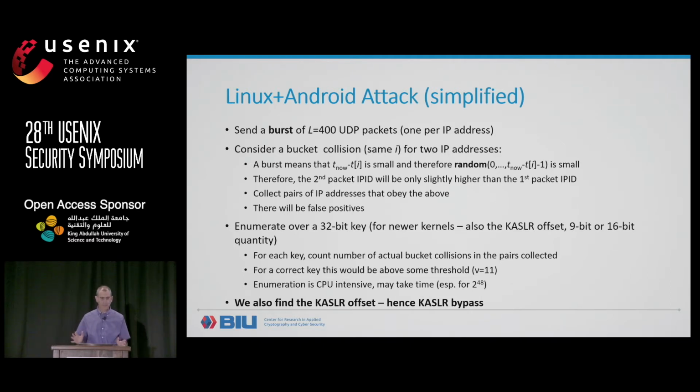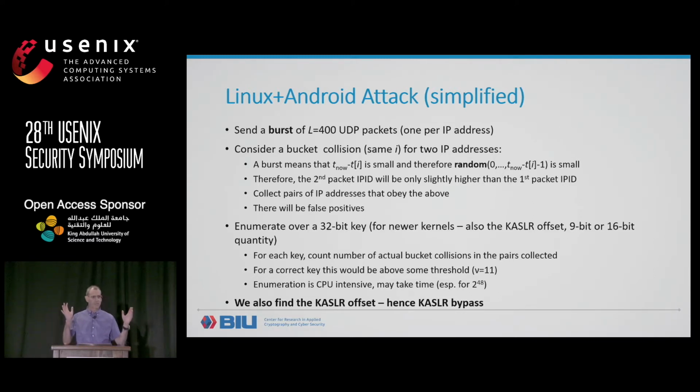Now, what happens when two such IP addresses have a collision, so that they have the same index into the counter array? This means that the time elapsed between those two calculations of IP ID is pretty small, because we are in a burst, and empirically we are talking about less than 0.6 seconds.